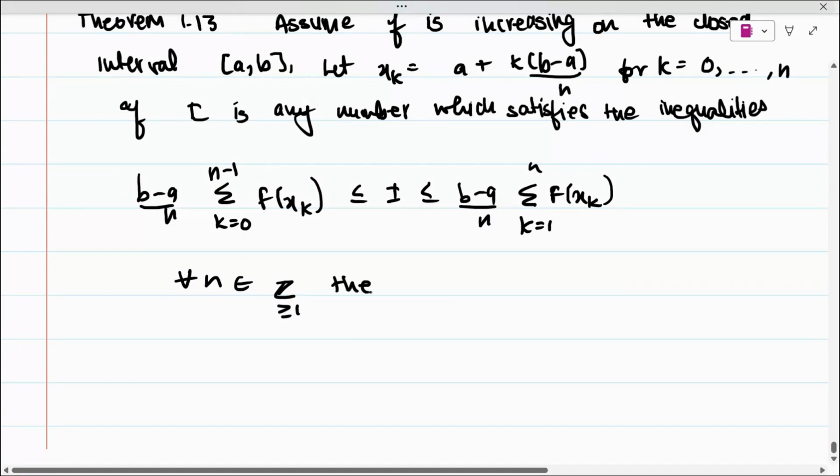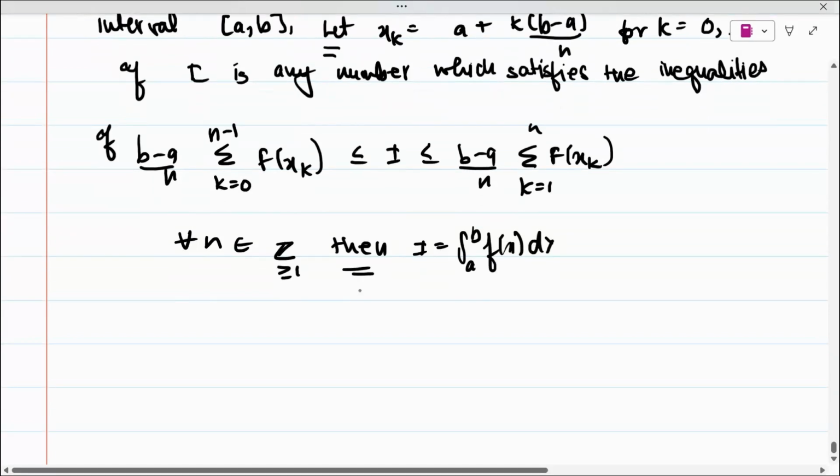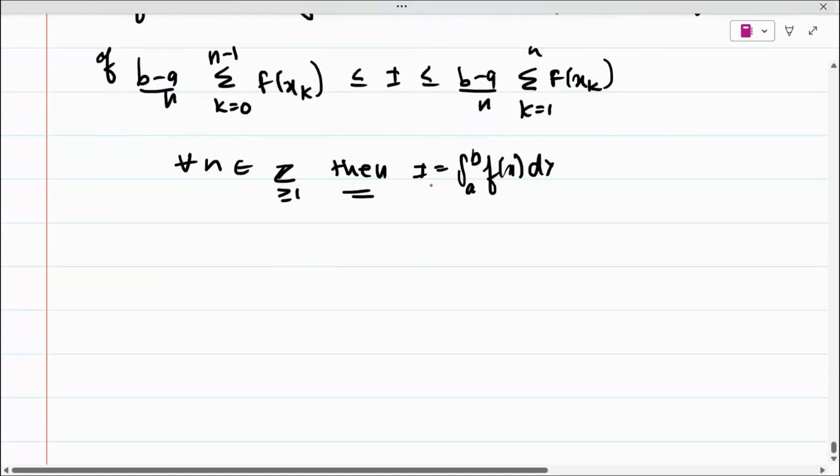Then this is if, so let's just prove it first. So sn and tn are specific approximating step functions.